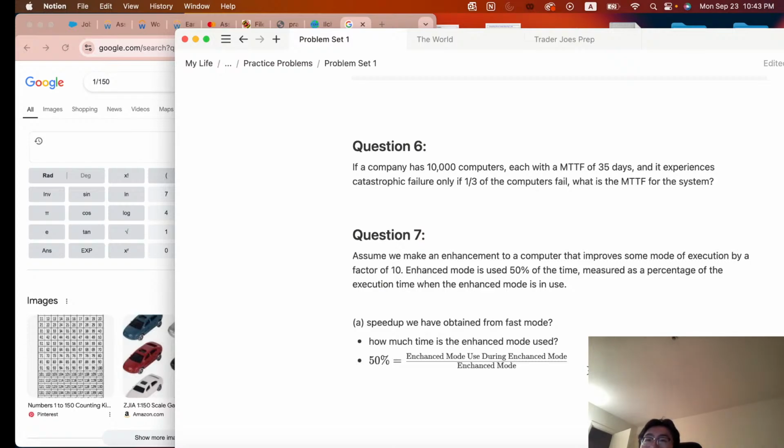Oh my god, this is pretty hard. So for T old in terms of T new, so enhanced time is equal to 5.